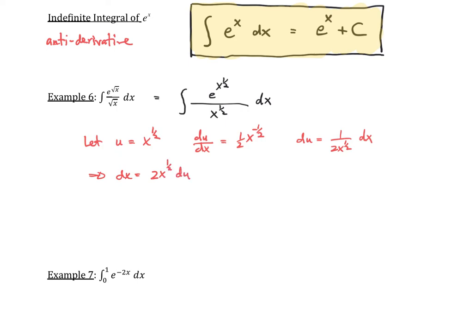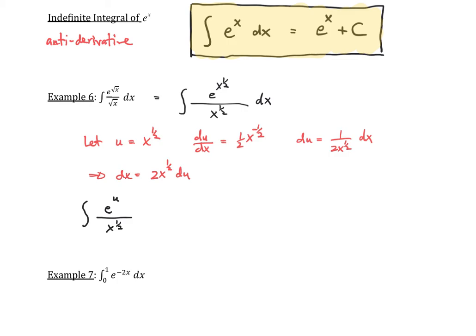Okay. Now when I go back to my original question, I am going to make some substitutions. I'm going to have the integral, and e to the u, because that's what my u was. My u was x to the 1/2. I'm going to temporarily leave this x to the 1/2 in the denominator and pray that it cancels out.